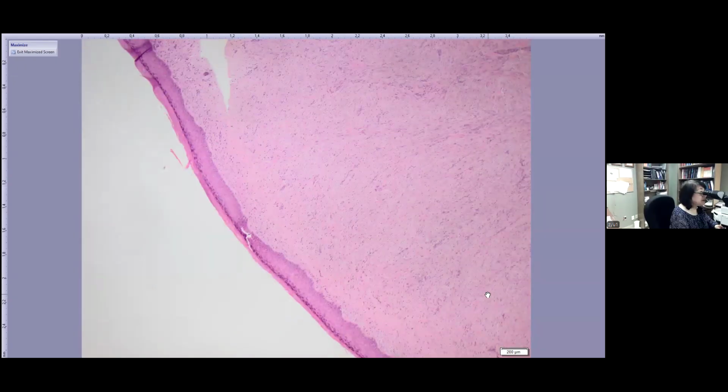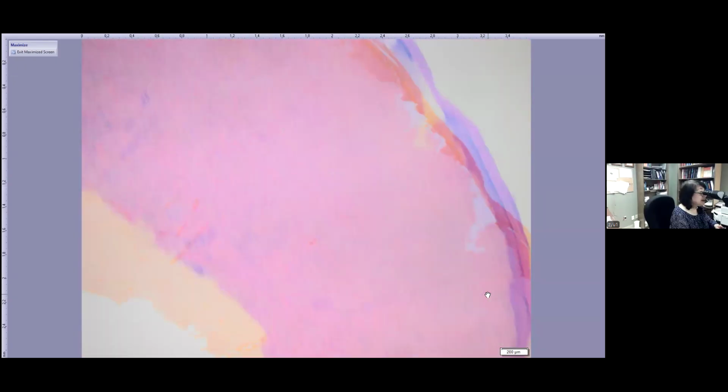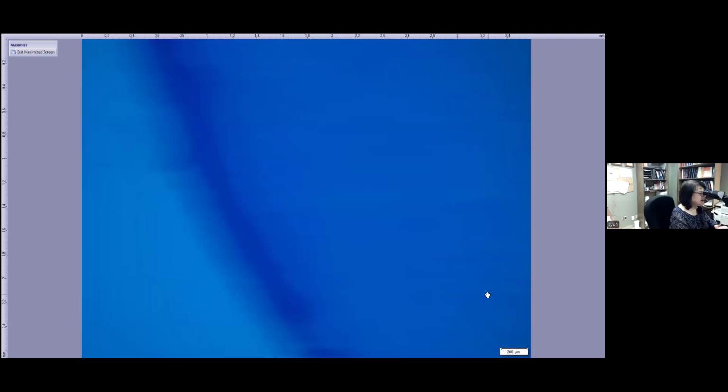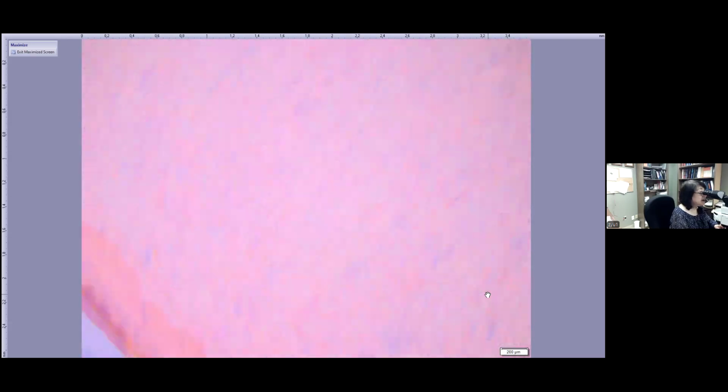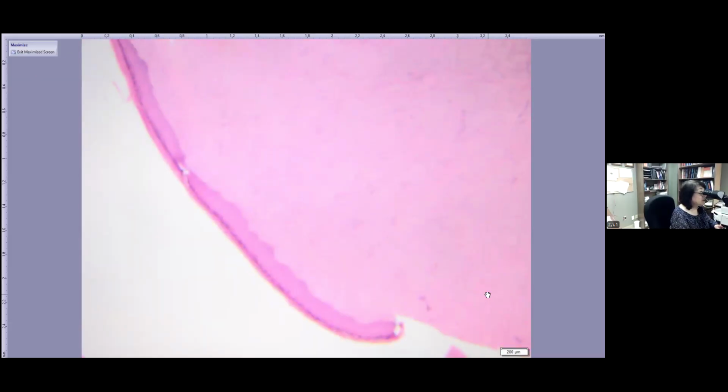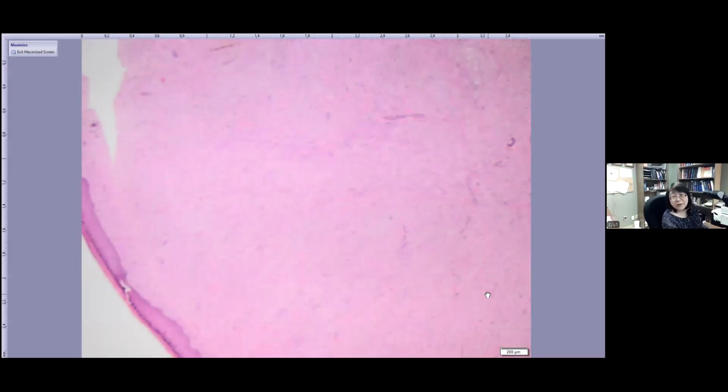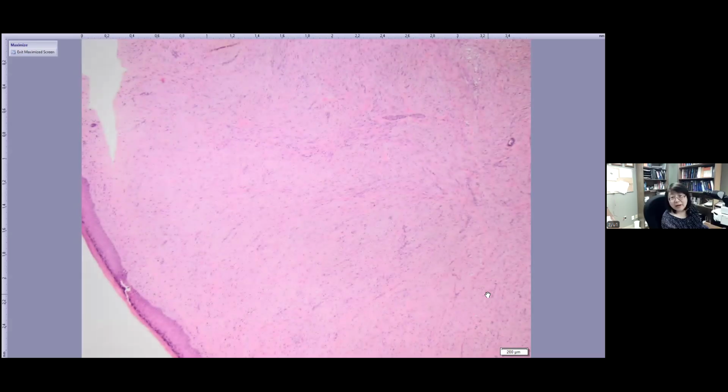Again, this piece. Okay, let's go high power and look. Again, those fibrous tissue, the bundles, kind of the arrangement. This is skin surface. Those fibroblasts grow kind of perpendicular to the surface.